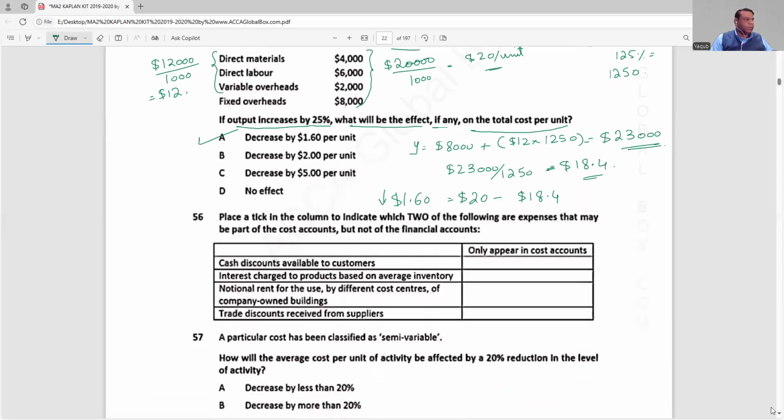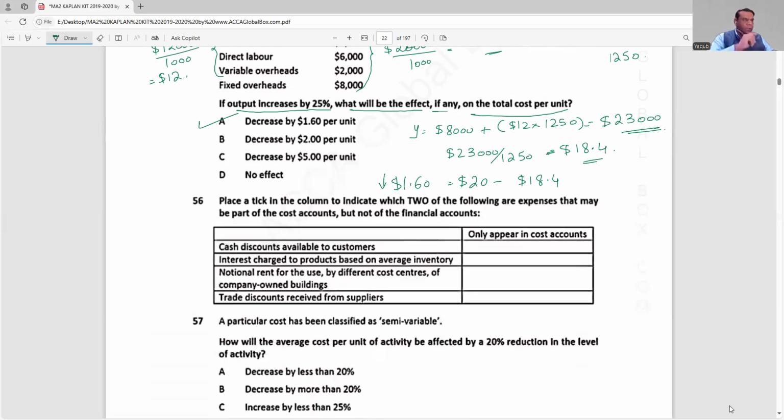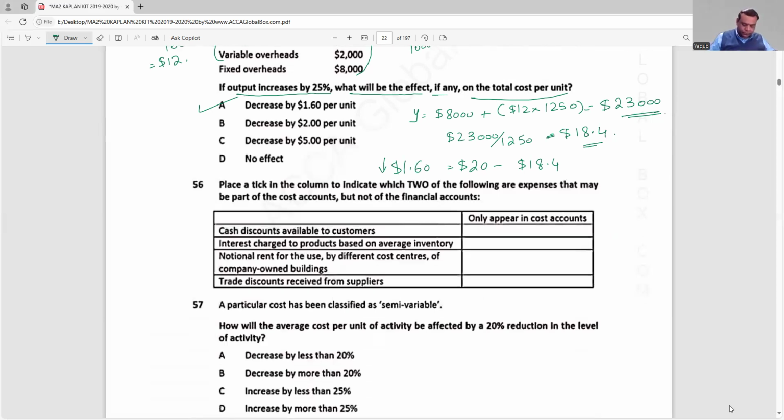Place a tick in the column to indicate which two of the following may be part of cost accounts but not part of the financial accounts. So which expenses are part of cost accounts, not the financial accounts? Cash discount available to customers. If the interest is charged to product based on average inventory, this is part of cost accounting.